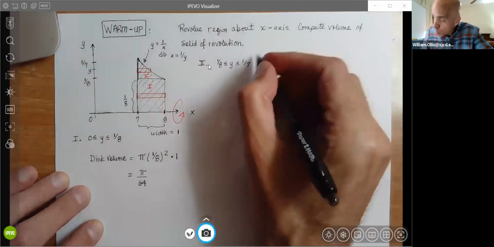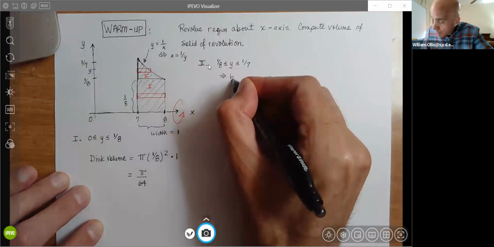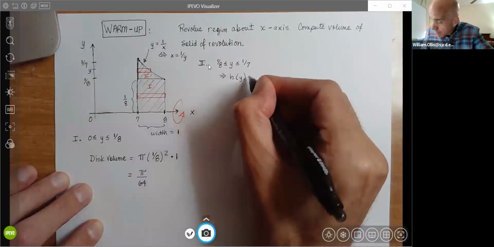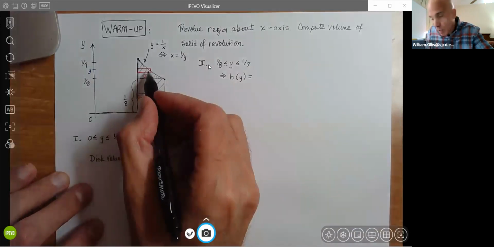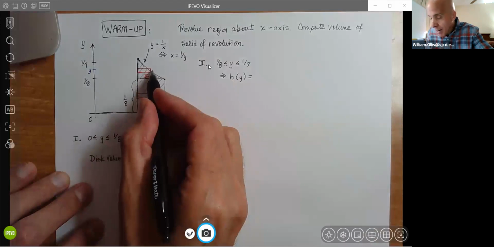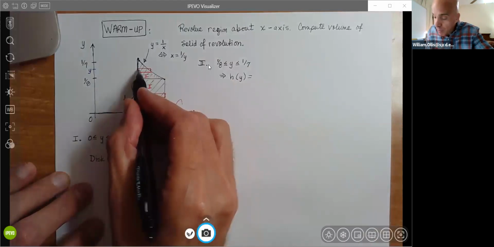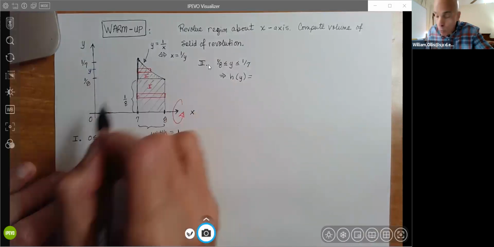So now this would imply that the length of the strip, in this case, would be 1 over y. That is, looking at this as the right minus the left, would be 1 over y minus 7. This distance here is 7, which is no man's land, and the distance from here to here is 1 over y.